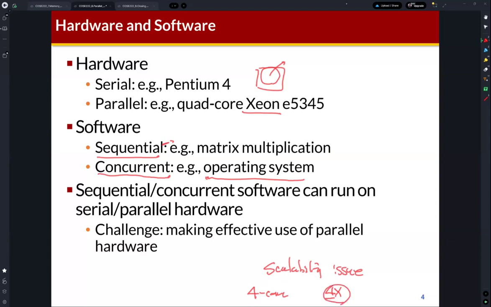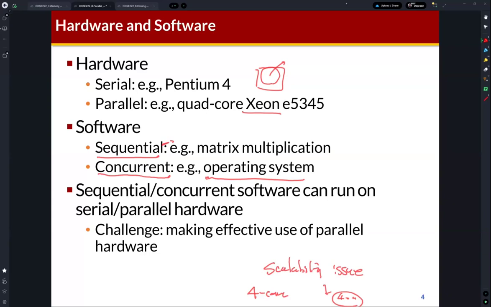That's our expectation because the multiple threads can be run by these multiple cores concurrently, so our expectation is 4 times performance improvement. But it's not true in the real world. Because of some issues, the performance is lower than 4 times, and this is called the scalability issue, right?